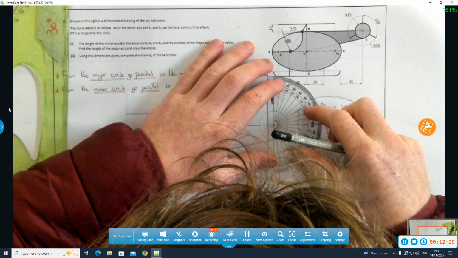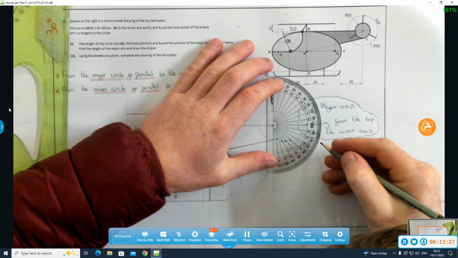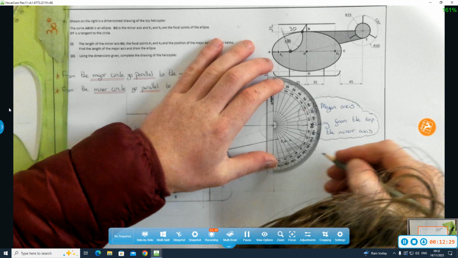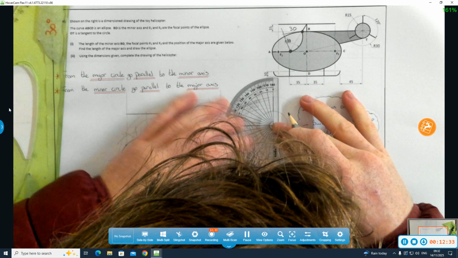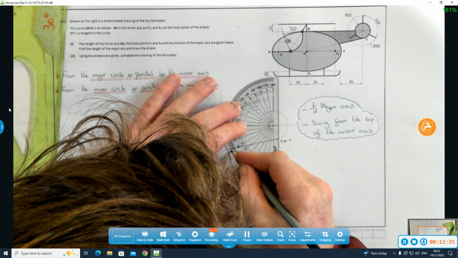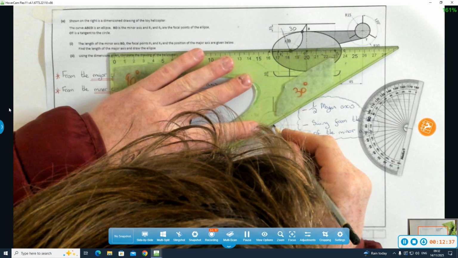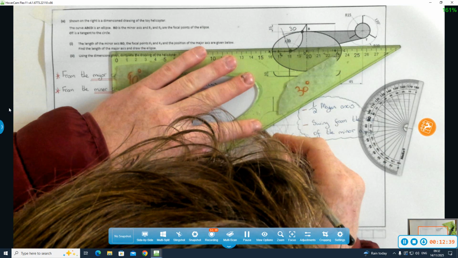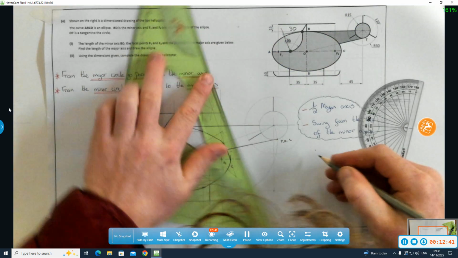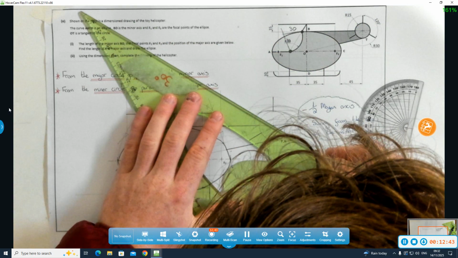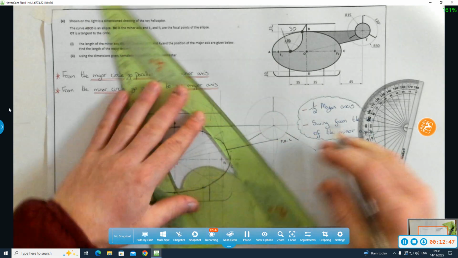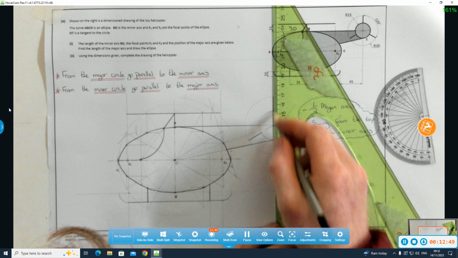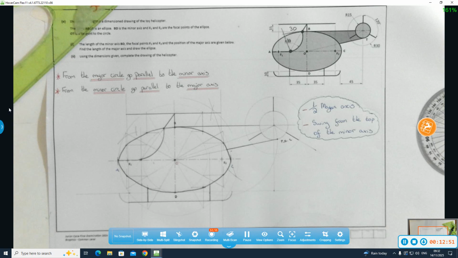So we're going to put down our protractor. 120 degrees, which is here. Spin it around. 120 degrees, which is here. That's our question there then, fully finished in.